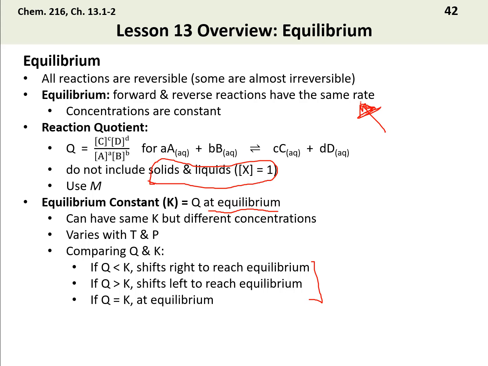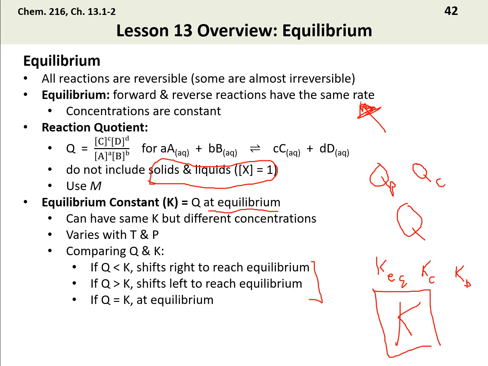The one thing I don't have on here is, remember that we talked about QP, QC, etc. We're just going to call these Q. Okay? And we talked about KEQ, and sometimes it's called KC, and sometimes it's called KP. We're just going to call these big K for equilibrium.